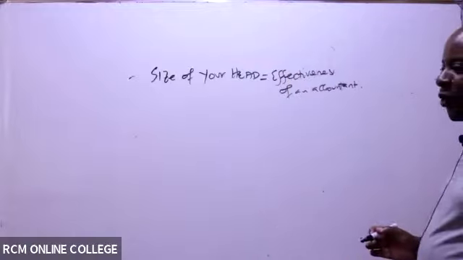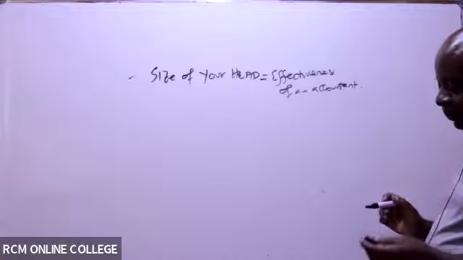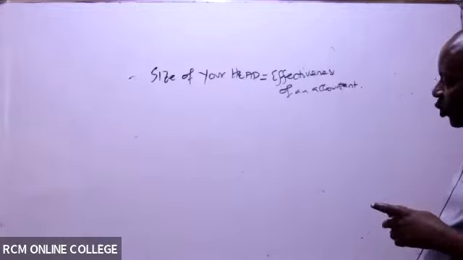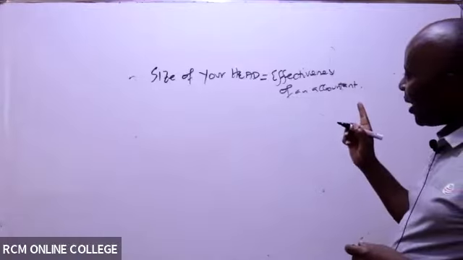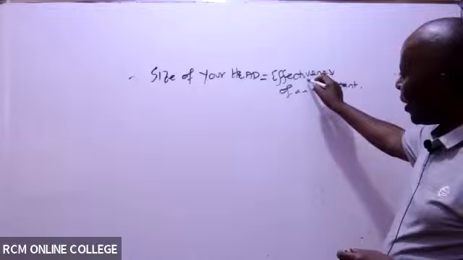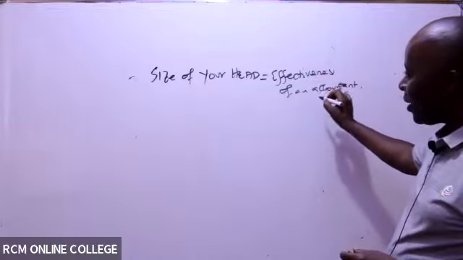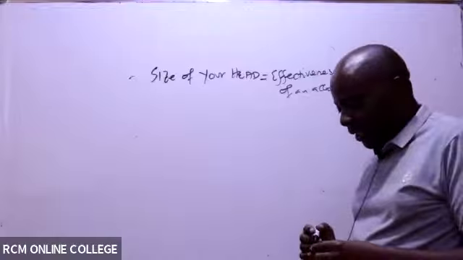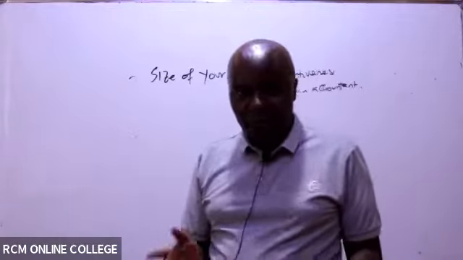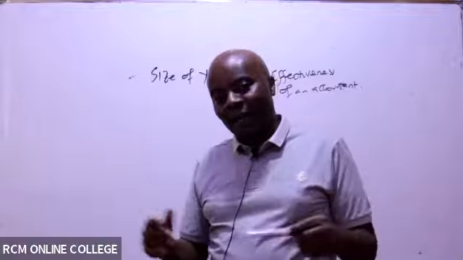Yeah. So in this case, if you got this kind of an equation that has got two variables, where the dependent variable y is this one, effectiveness of an accountant versus the size of your head. An equation that says that the bigger the head you have, the more effective you are as an accountant.